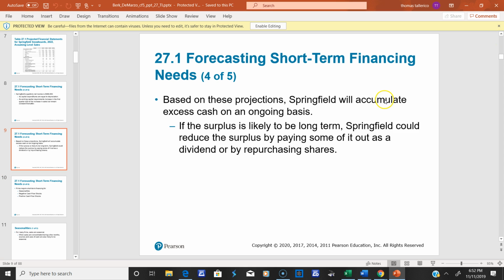So the good news is, if they think it's going to be long term, they could reduce the surplus and do something with it, either reinvest it in the company, or give a dividend, or repurchase shares, or something of that sort. Or just retain the earnings to grow the company. So we could do that.